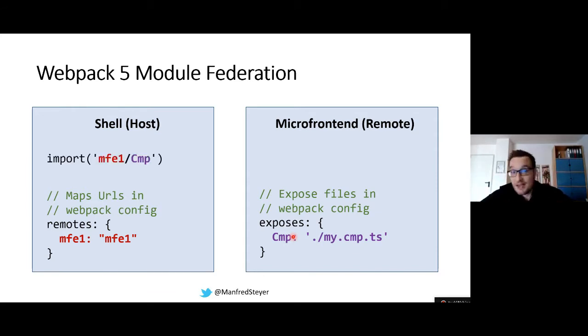You can use a dynamic import, and this dynamic import now points to your mapped path, to your mapped URL, and this mapped URL in turn points over there where we can grab this CMB stuff. This is all we need to do to load something from the middle of another application. That means Angular itself does not even notice. Angular itself is just executing this import statement, and everything is done by Webpack underneath, which is quite beautiful.